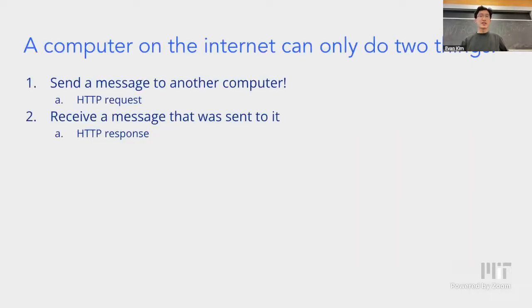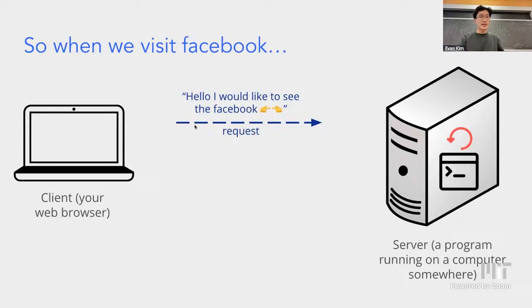The computer and the internet can do two things when they interact with another computer. You can either send a request or receive a message. And this is the divide that's very common in designing these websites, where you have a client, which is the page that the user sees, and then a server, which is the program that the company or the owner of the website runs behind the scenes.